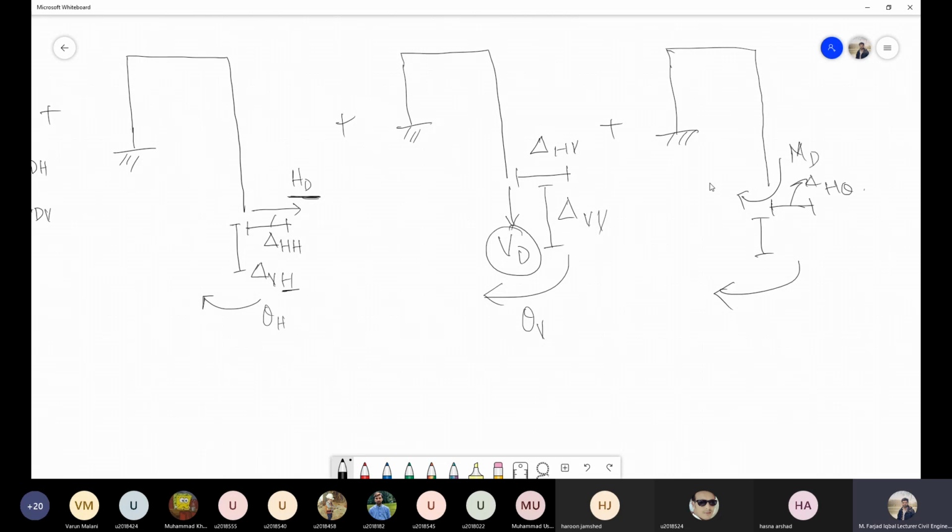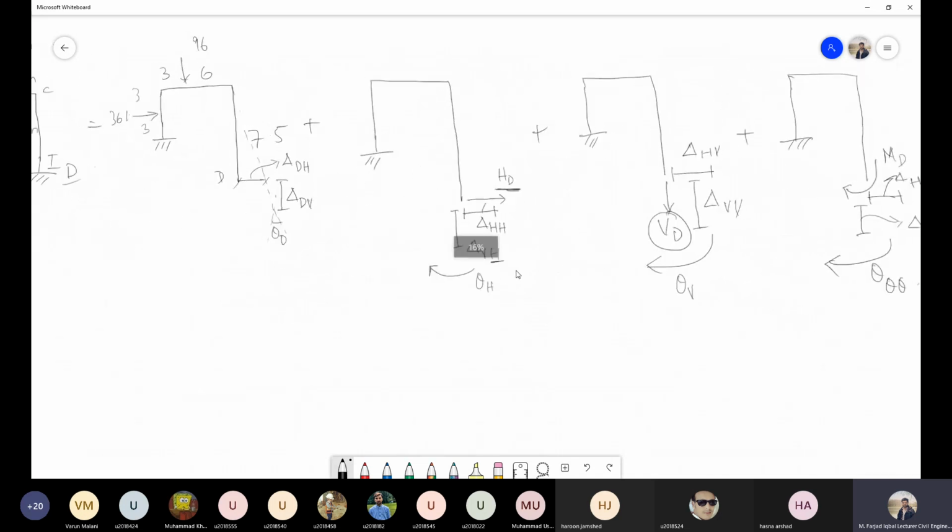That means the horizontal deflection due to the applied movement or applied rotation. This we can call delta V theta. That is the vertical deflection, and this one we will call theta theta. That is the rotation at point D due to the moment MD, which we have applied at this particular point.